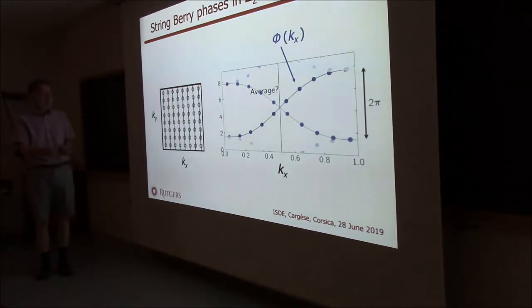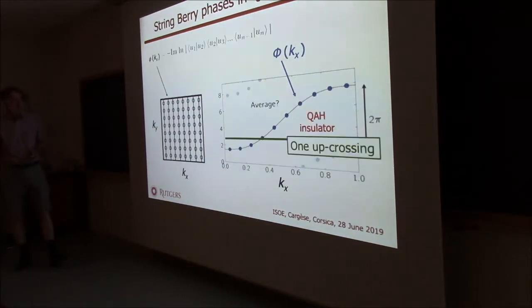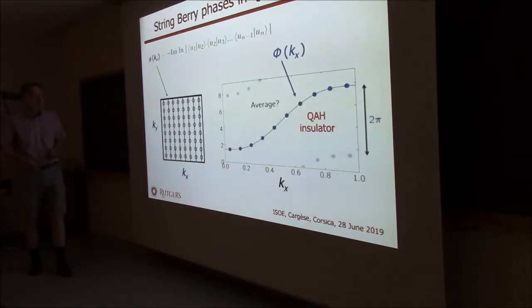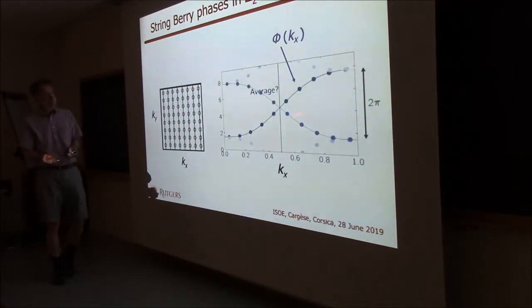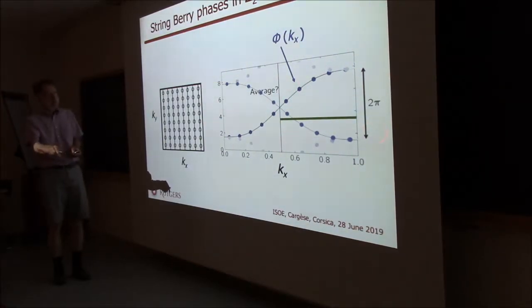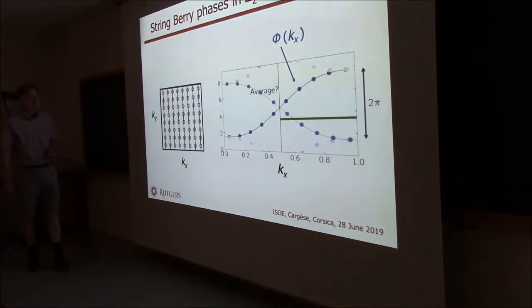If I plot the Berry phases as I go across the Brillouin zone, it turns out there are strong analogies between these plots of the Berry phases and the plots of the surface band structure. In the surface band structure, there's an odd or even number of crossings in the half Brillouin zone. It turns out that exactly the same thing happens in the Berry phase plot. If I look at the half Brillouin zone and count the number of crossings, it's either even or odd.